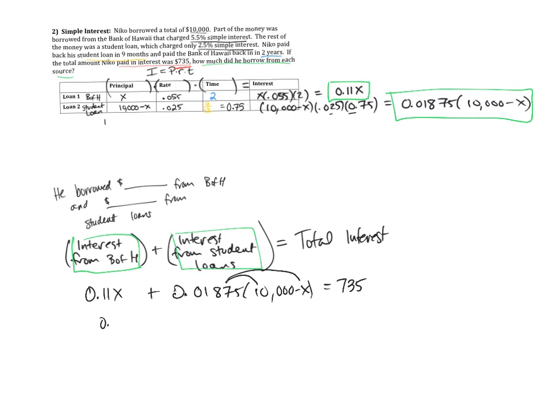So we got 0.11x plus, when I multiply that times 10,000, I get 187.5, and then minus 0.01875x is equal to 735.